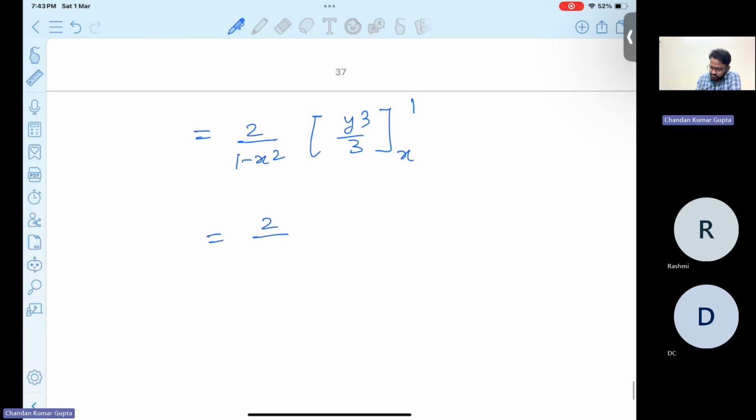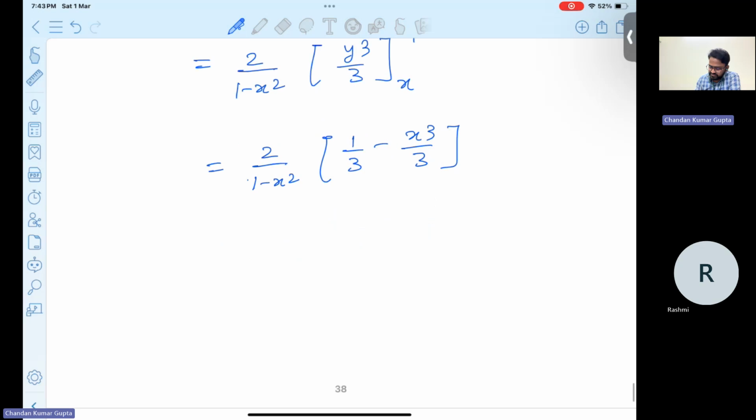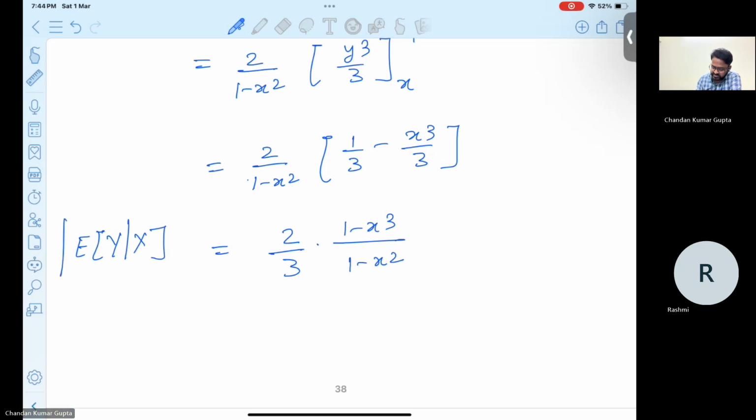So it is 2 upon (1 minus x squared) times (1/3 minus x cubed by 3). Simplifying, it's 2/3 times (1 minus x cubed) upon (1 minus x squared). This is the expected value of y given x.